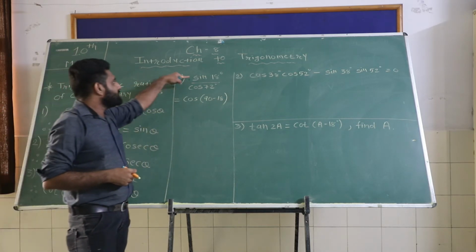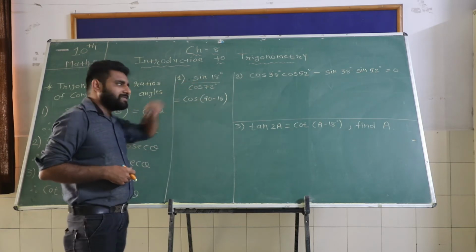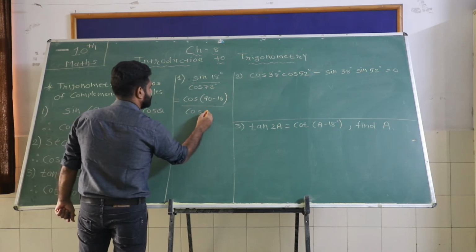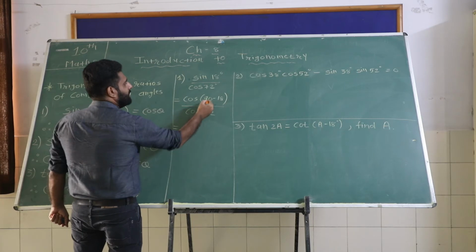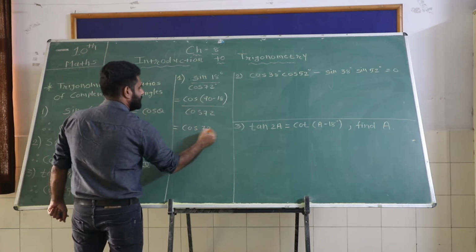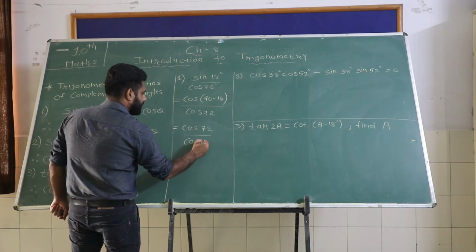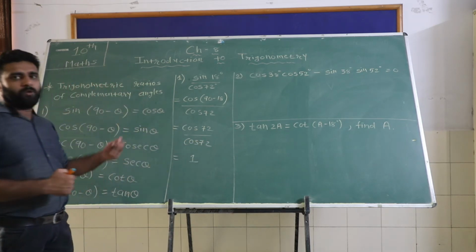The sine will be cos, so the angle will be 90 minus 18, which is 72. The denominator stays as it is, cos 72. Both cancel out, so the value will be 1.